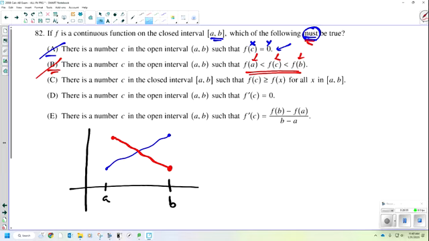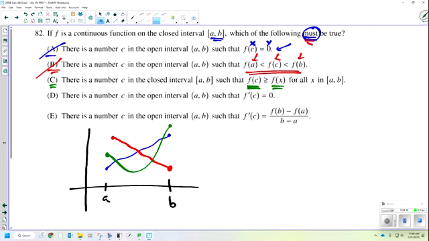C. There is a number c on the closed interval from a to b such that f of c is greater than any of the other values of f of x for all x in this interval. Let me try this in green. Let's do something that goes like this, then comes down, then up. What they're saying is there's some value where my y value is bigger than everything else.